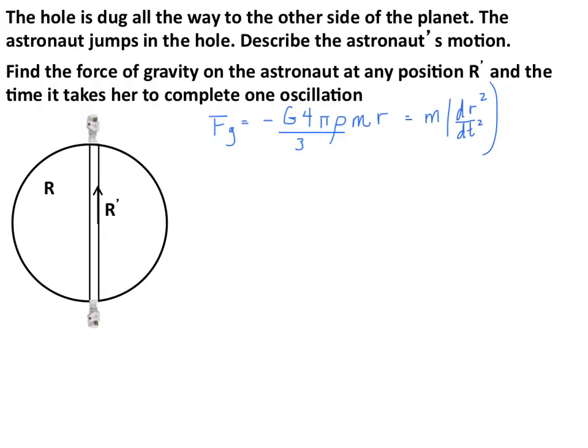So, we can replace r and the second derivative with a function that we know the solution to. Again, in previous examples, we've used x is equal to a cosine omega t. Here we can just replace it with r because r is just representing position anyway.